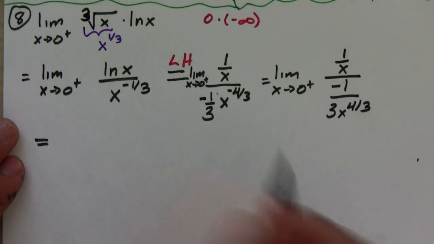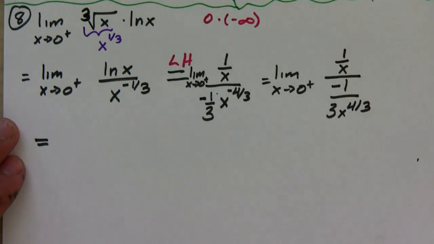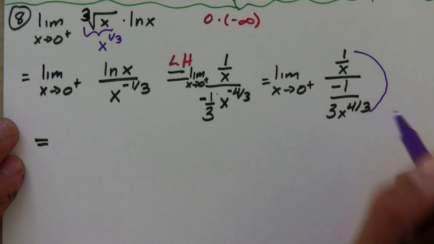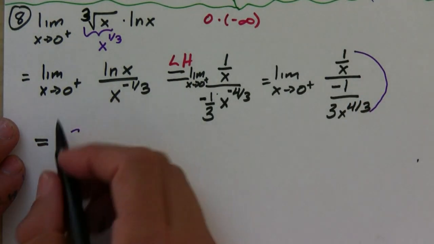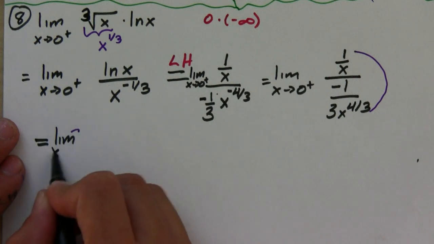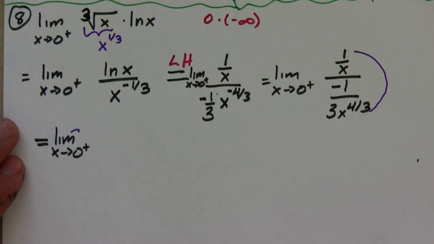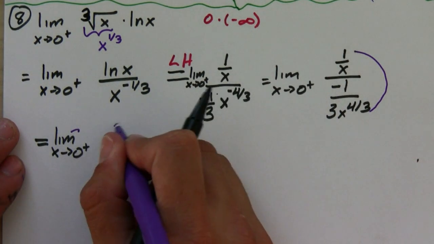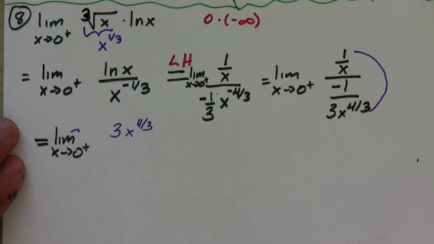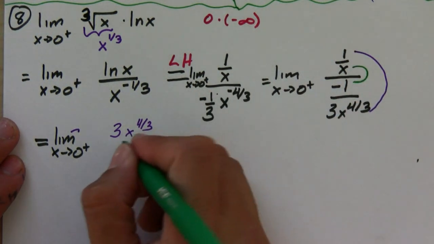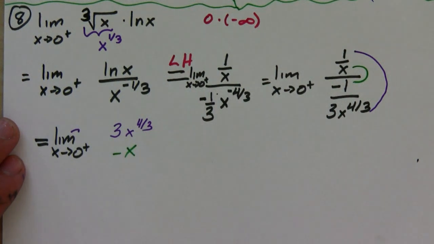Okay, and then if I do the tortilla, these guys go on top. Let me rewrite the limit again. Limit as x approaches 0 from the right. I have 3x to the 4/3 on top. These guys go on bottom.